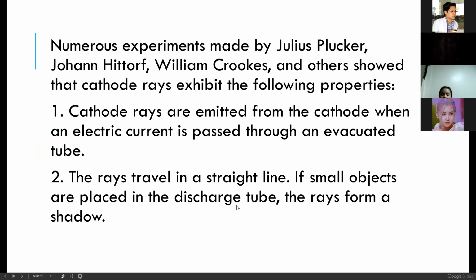Numerous experiments made by Julius Plücker and Johann Hittorf and William Crookes and others showed that the cathode ray exhibit the following properties. Number one, cathode rays are emitted from the cathode when an electric current is passed through an evacuated tube or your cathode ray tube. Number two, the rays travel in a straight line. If small objects are placed in the discharge tube, the rays form a shadow.